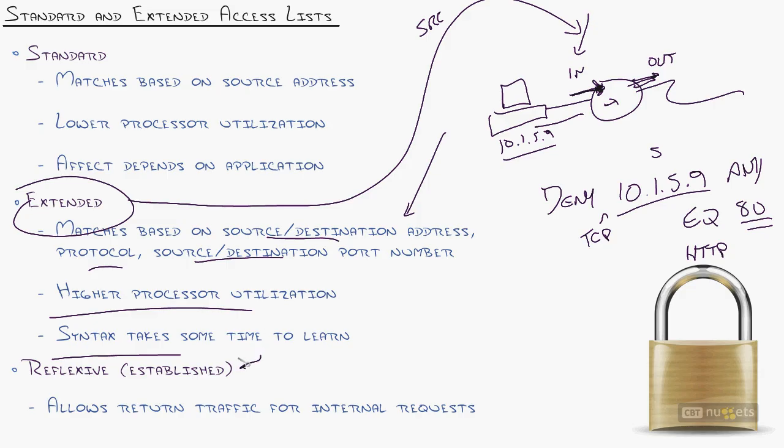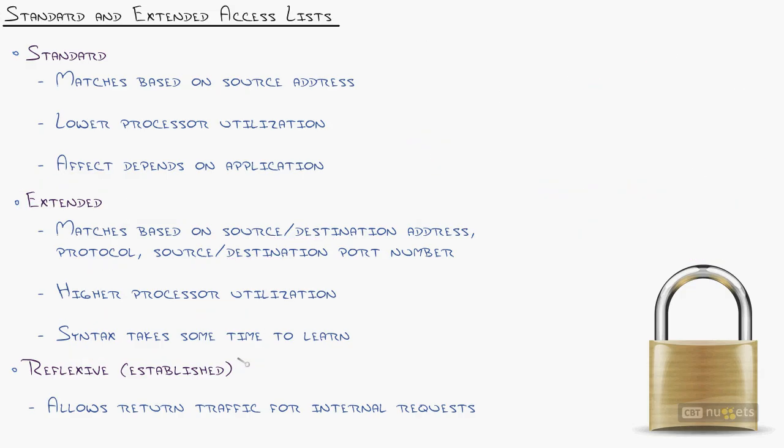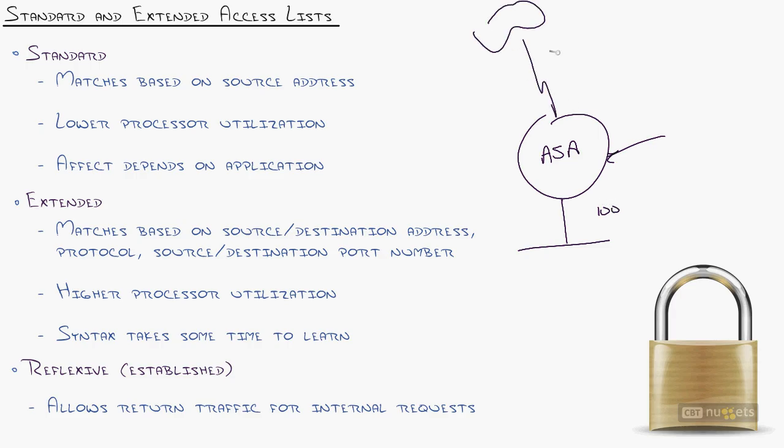Okay, there's one more. We probably won't configure it in here, but it's out there. Reflexive access list. This is what makes your router kind of like a firewall. Meaning, if you have any experience with the Cisco ASA firewalls or any firewalls, typically you essentially define privilege levels, and you say, okay, this is a privilege level of 100, high privilege, and maybe the internet connection is a privilege level of 0.